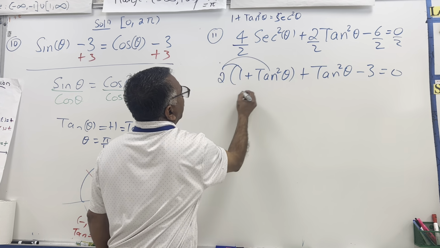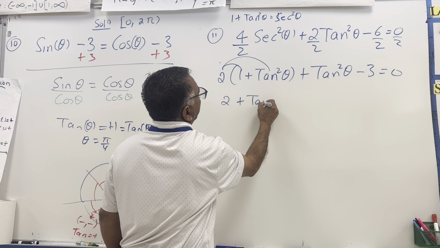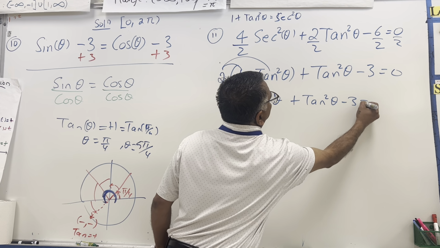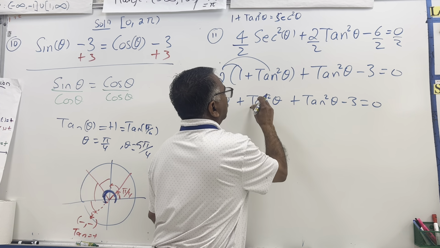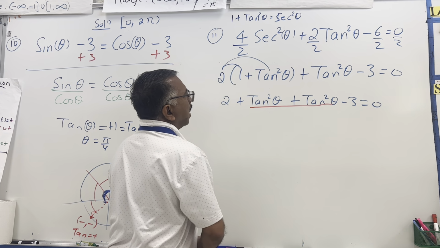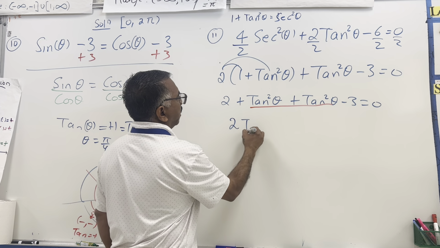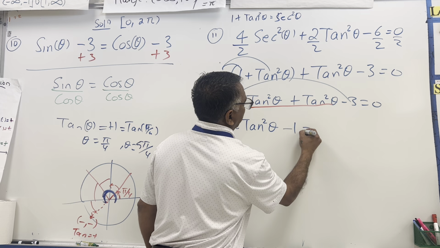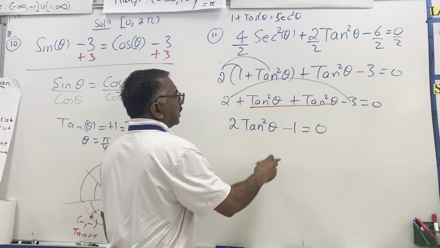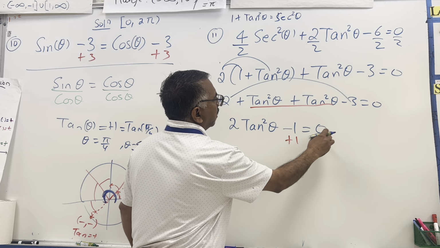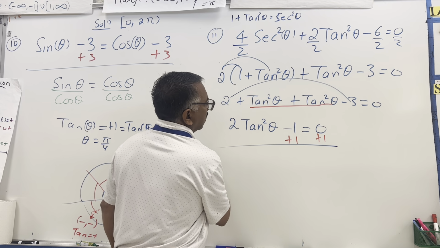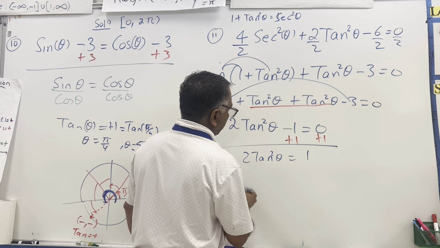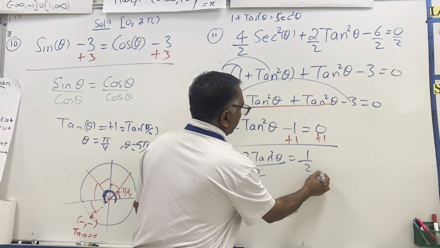Use the distributive property, 2 plus tan square theta plus, okay, so this together will combine to 2 tan square theta, and this will become minus 1 equal to 0. Then you can add 1 to it like this. So you get 2 tan square theta is 1, divide by 2.